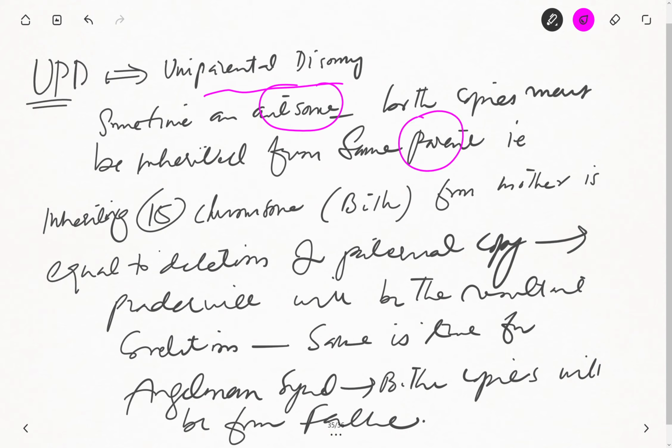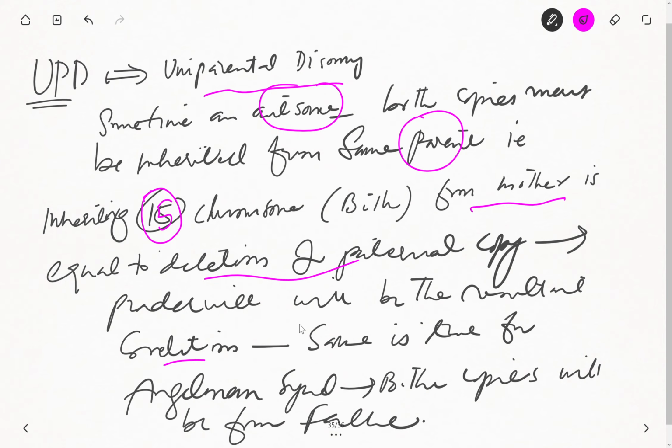For instance, if a child inherits both copies of chromosome 15 from the mother, it is the same as deletion of the paternal copy, so Prader-Willi will occur. The same is true for Angelman syndrome.